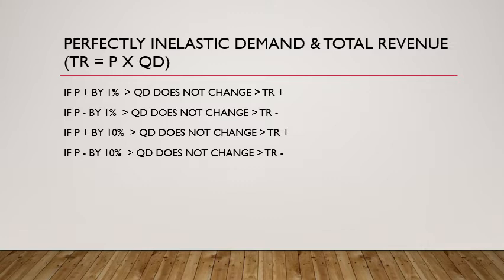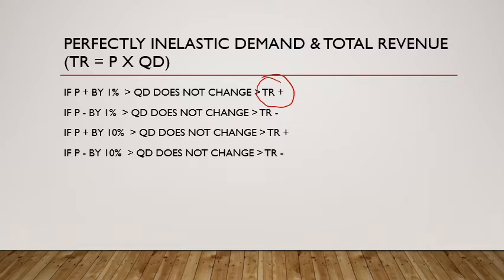All right, so let's see. If the price goes up by 1% and quantity demanded does not change, well, what happens to total revenue? Well, price goes up by 1%, QD does not change, TR increases.